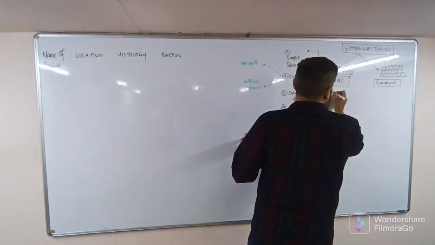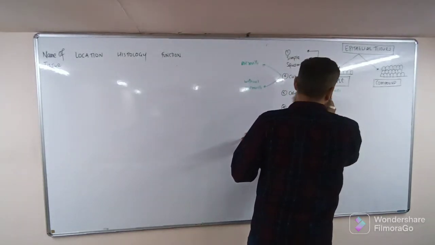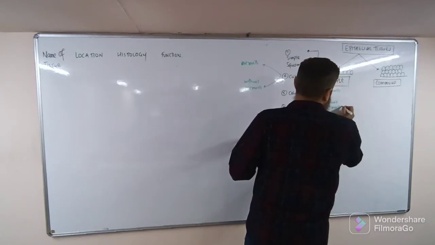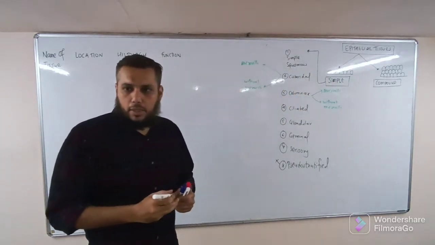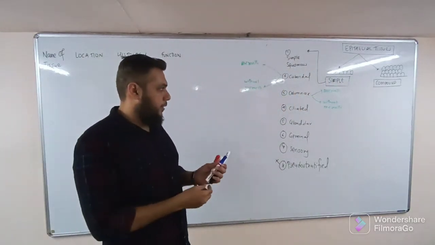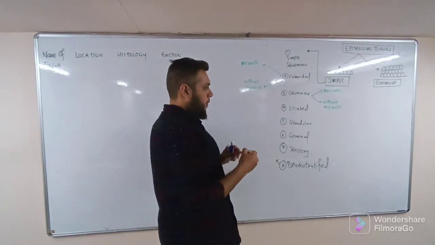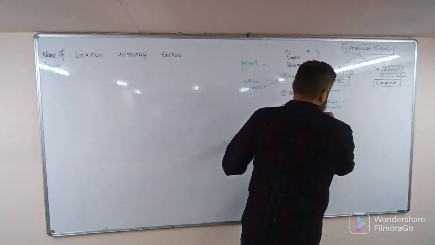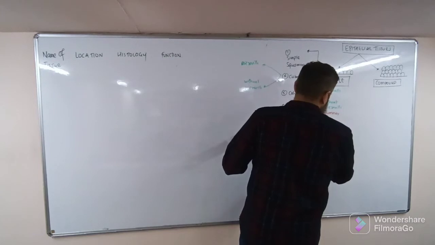It can be with microvilli or they can be simple, that is without microvilli. Got my point? Yes. The ciliated epithelia can either be ciliated columnar or it can be ciliated cuboidal.